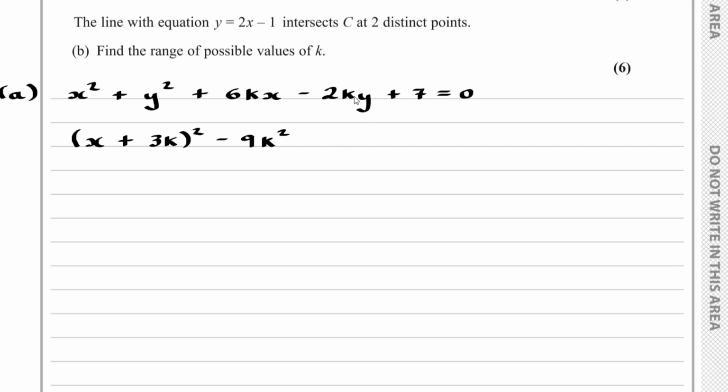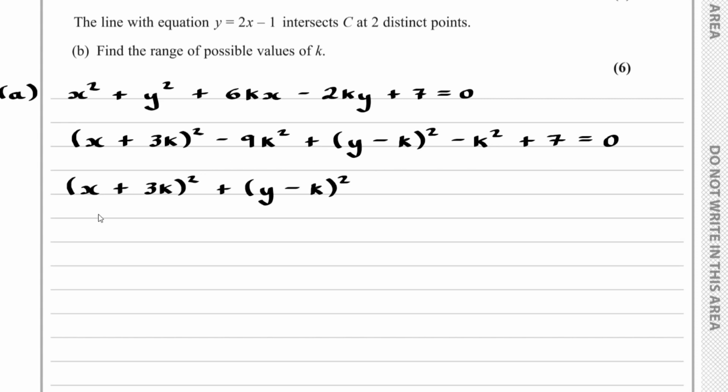And in terms of the y's, half of negative 2k is negative k, so we have y subtract k all squared, and then we subtract the k squared, and then we add the 7, and this is equal to 0.